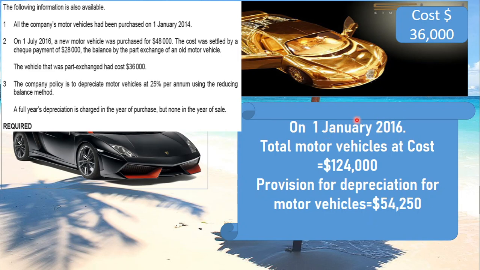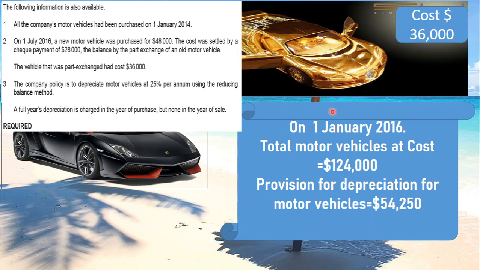So from 2014 to 2016, 2 years of depreciation has been accumulated. This 54,250 is the 2 years accumulated depreciation.